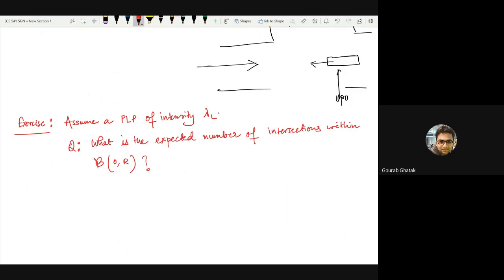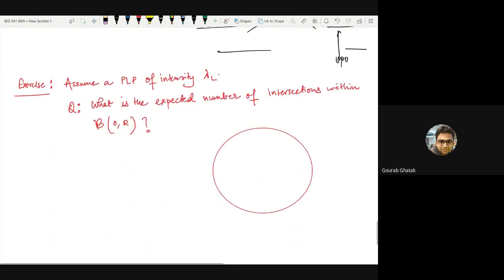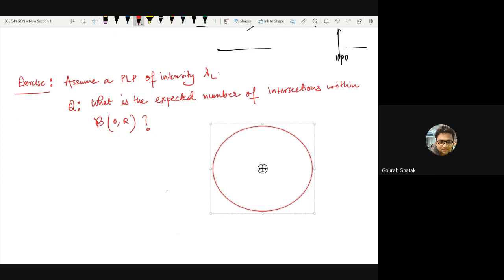Okay, the question should be self-apparent. So what we are considering is a circle, which is something like this, and you have some lines passing through it.